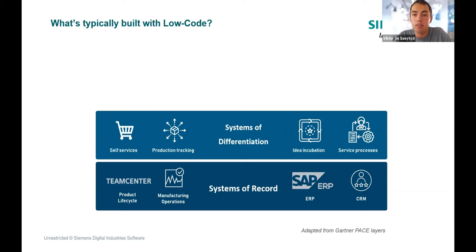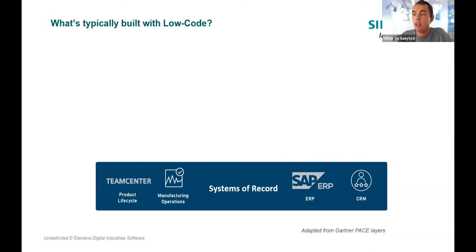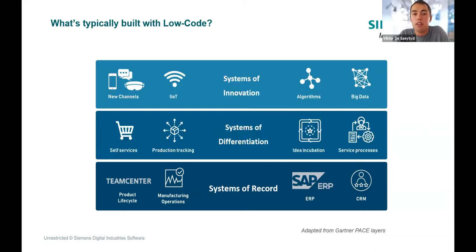Next to this, you have a system of differentiation, where you are differentiating from your competitors. This can be done by making applications yourself or by implementing certain workflows and so on. And then the third layer is the system of innovation. This is where the cool stuff is always happening.